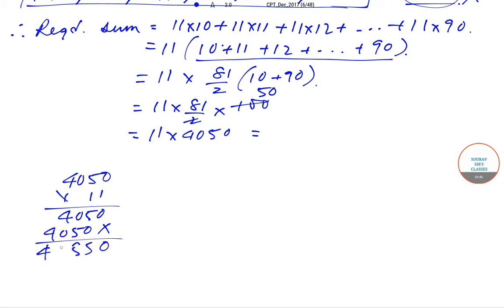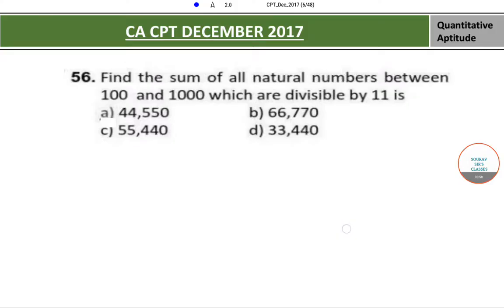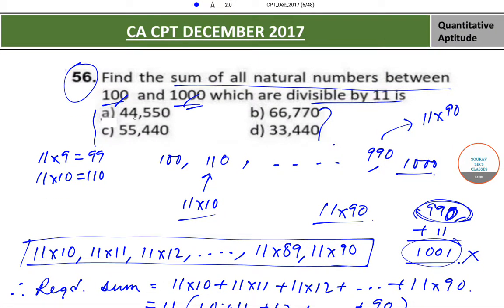So ultimately we'll be coming up with the number 44550. So the required sum is 44550, and as you can see, that is available in option A. So option A over here is the correct option.